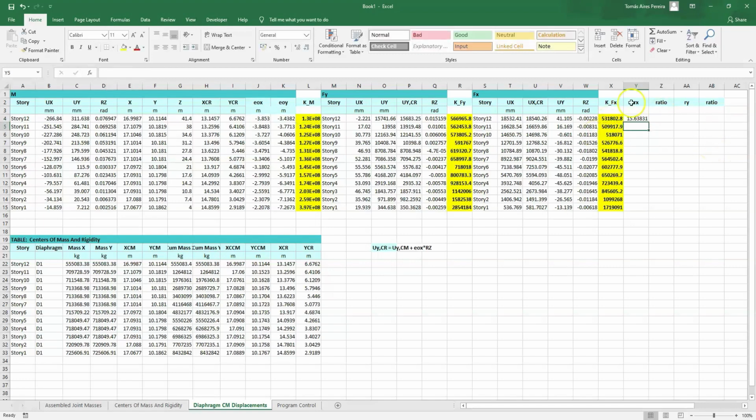We will calculate this ratio for all stories, which clearly depends on both directions, x and y. We will do the same now for y across all stories.